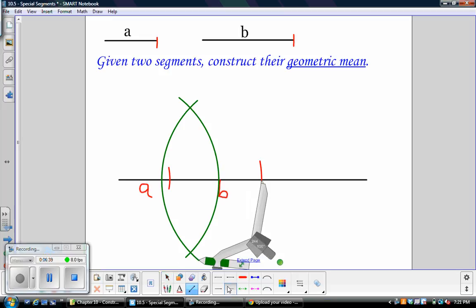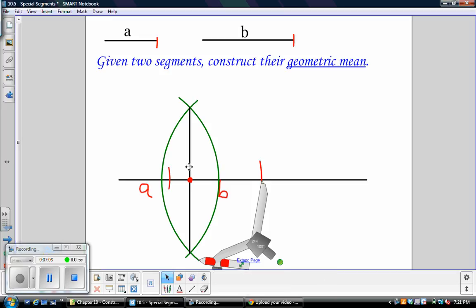Now the segment from that point there down to the other point, this point right here, is the midpoint. So technically you don't need to draw that segment.